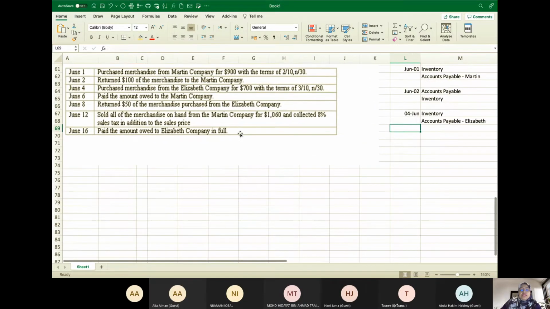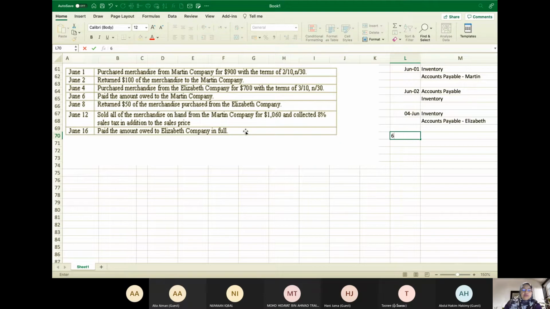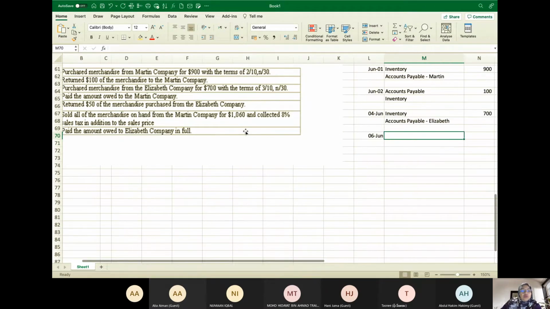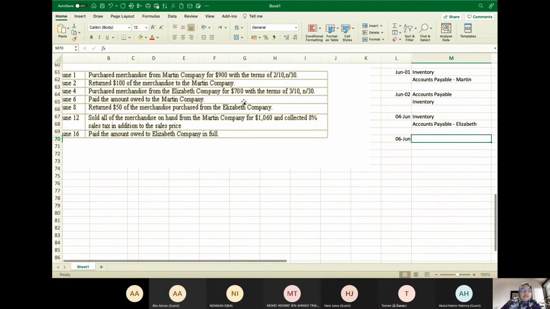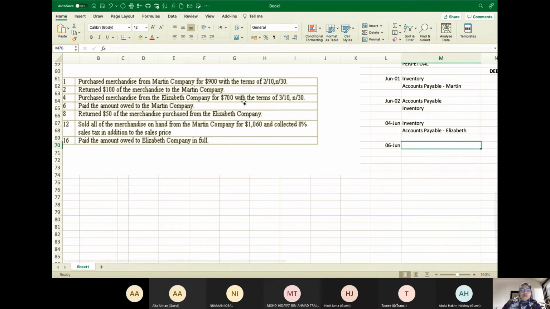All right, and then June 6th, what happened? You paid the amount owed to Martin Company. So you're going to debit your accounts payable, Martin. How much am I going to pay in cash? There's some computation here.